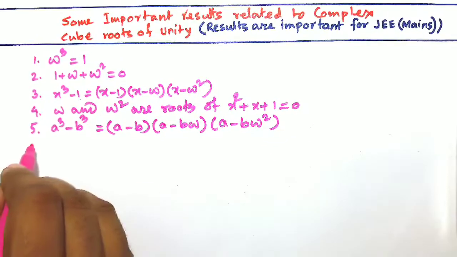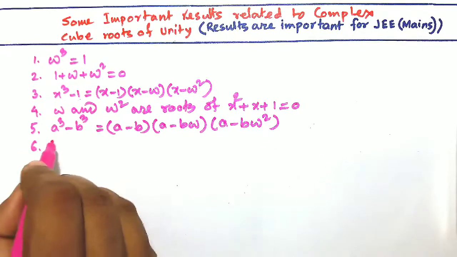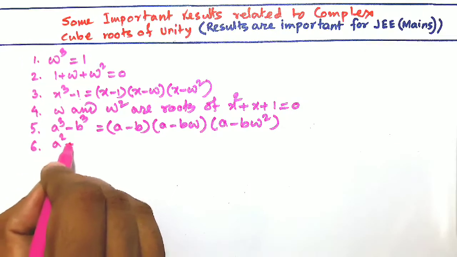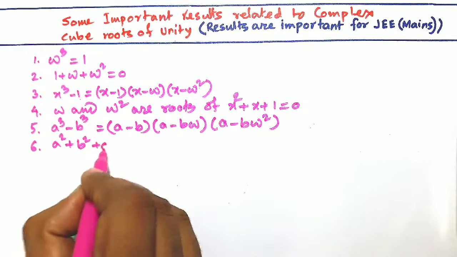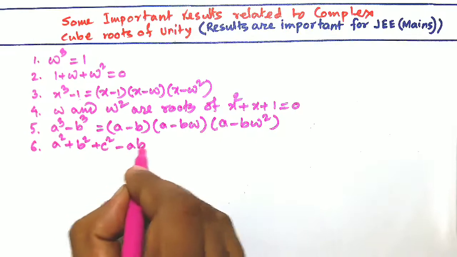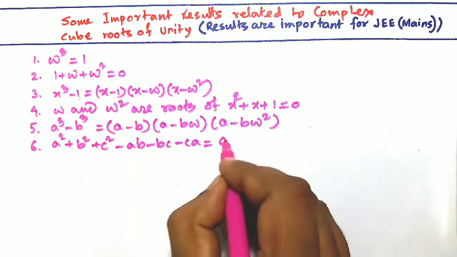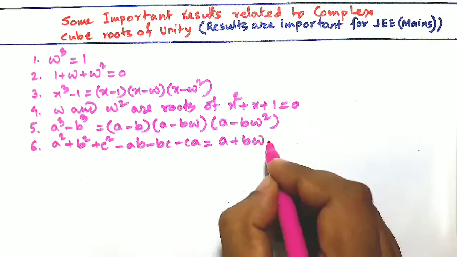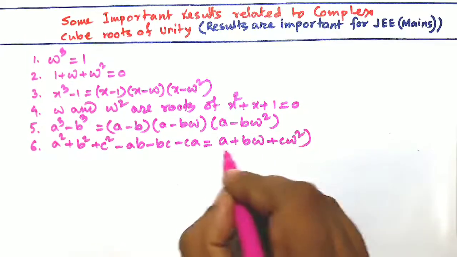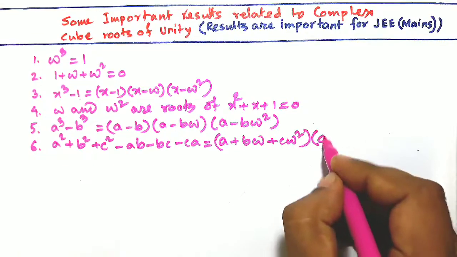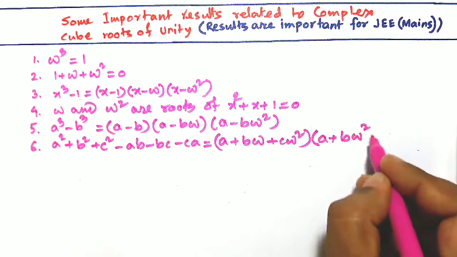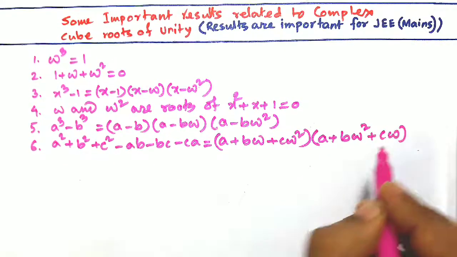Sixth one is, friends, a square plus b square plus c square minus ab minus bc minus ca is equal to (a plus b omega plus c omega square) into (a plus b omega square plus c omega).